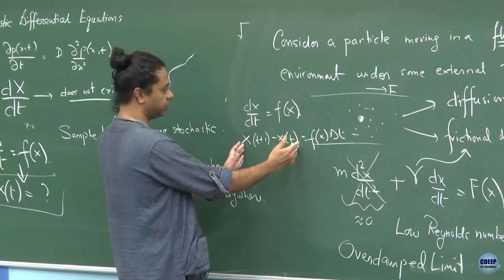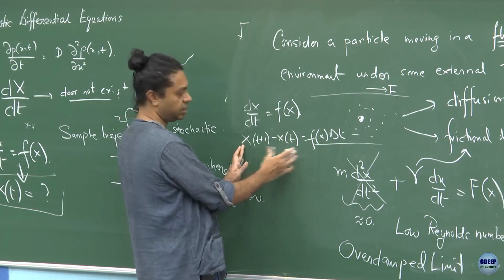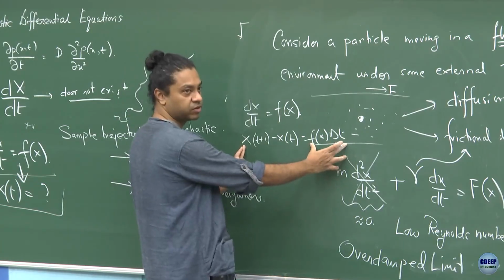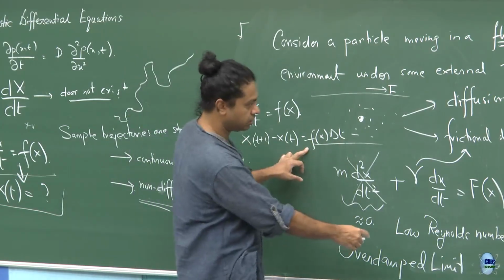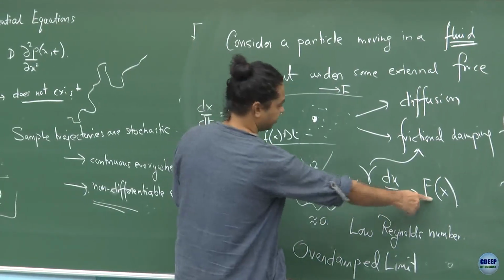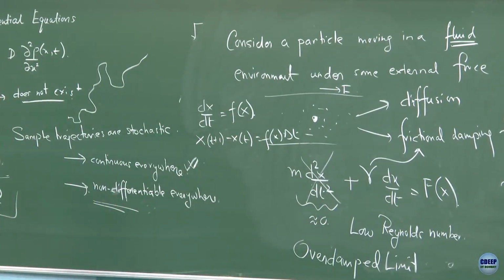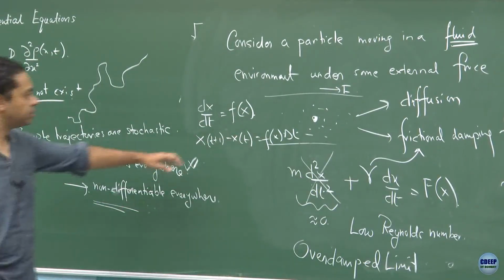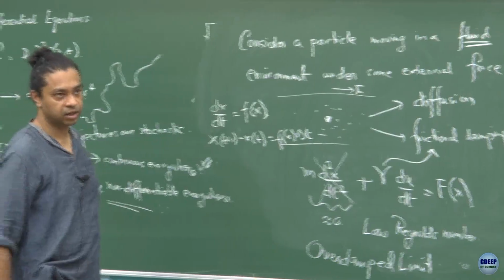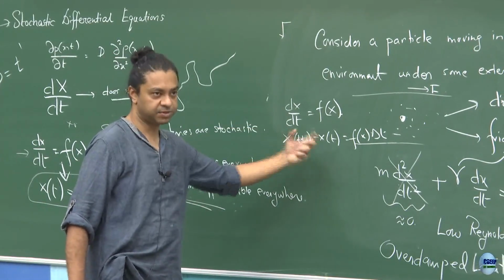Therefore, this thing is the displacement from time t to time t plus delta t, and that is just given by this. So, it is exactly like what we have had over here, this f of x being this f by gamma, essentially the same equation. Just like the evolution of the positions of your random particle, this equation describes the position. This difference is of course the displacement in time delta t.